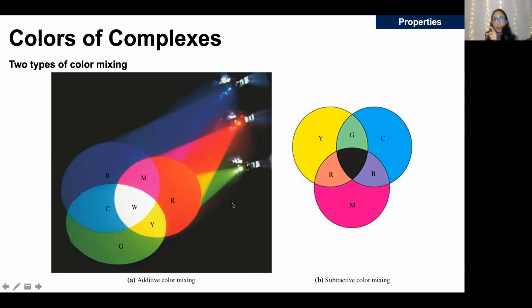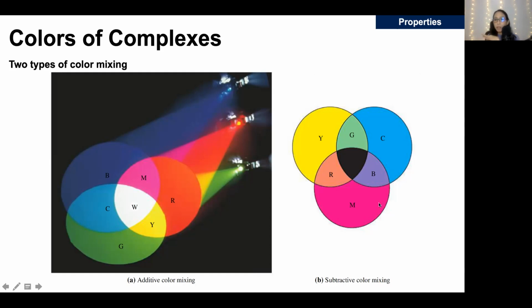Okay, so here, our primary colors will be cyan, magenta, and yellow. So this means if the material removes yellow, you will see color blue, right? If your material removes red, you will see cyan.